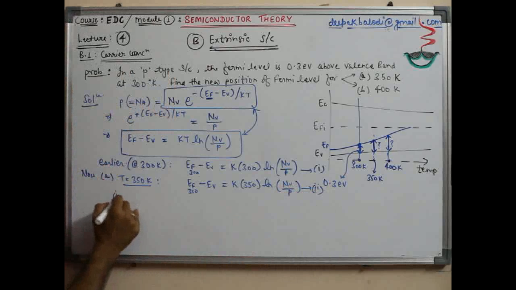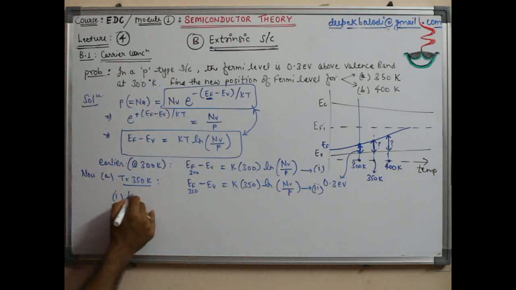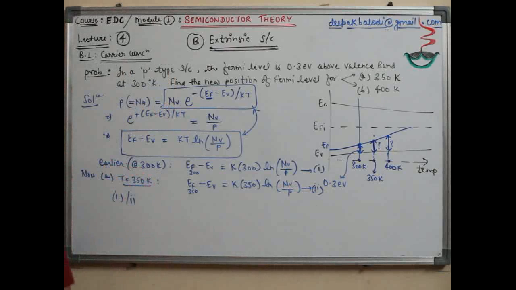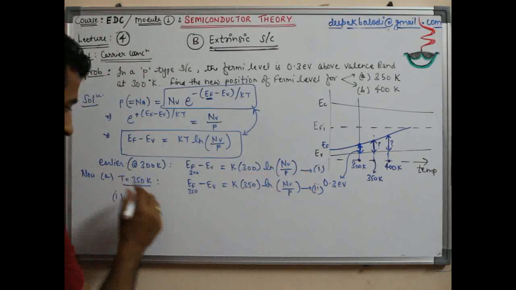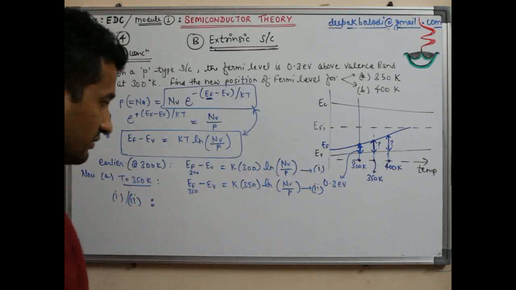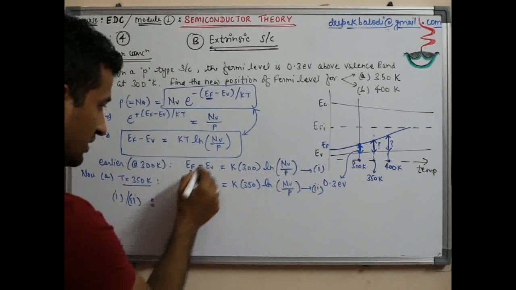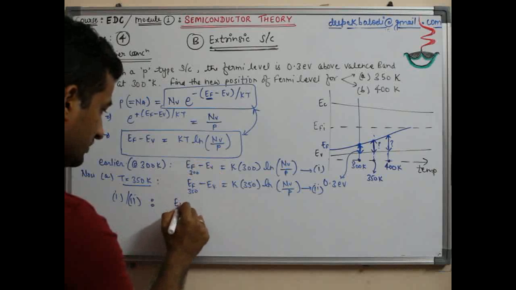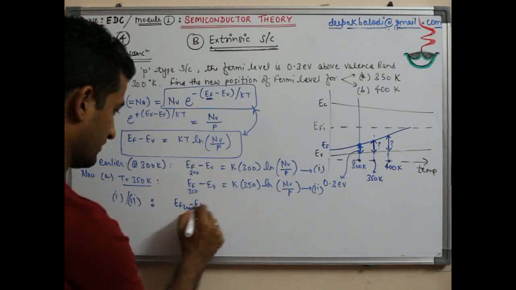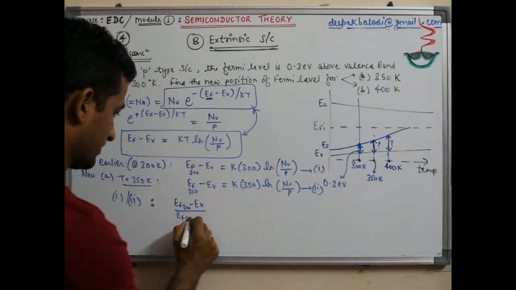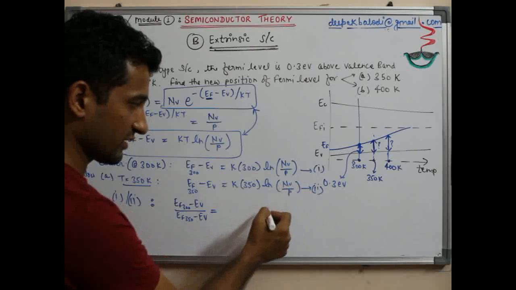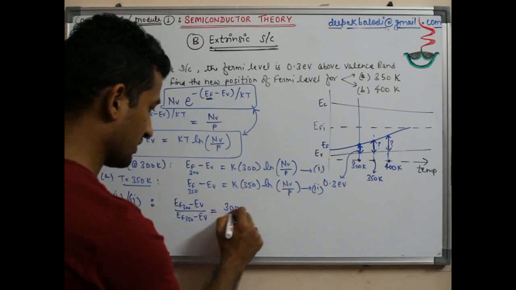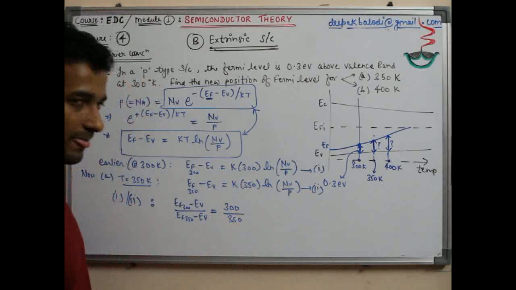So if I do 1 divided by 2, I obtain EF at 300 minus EV upon EF at 350 minus EV. On this side k will get cancelled, the whole ln term will get cancelled, so only 300 upon 350 will remain.